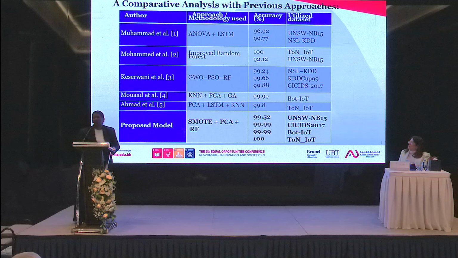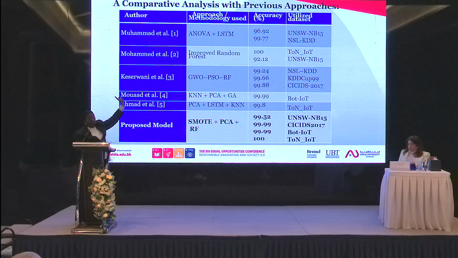And here I want to compare my proposed model with the existing approaches. From the beginning, they are using, instead of SMOTE or PCA, the ANOVA statistical method to choose the features, and then LSTM, long short-term memory method. When they combine, using those 2 data sets, they are getting this much accuracy and so on.